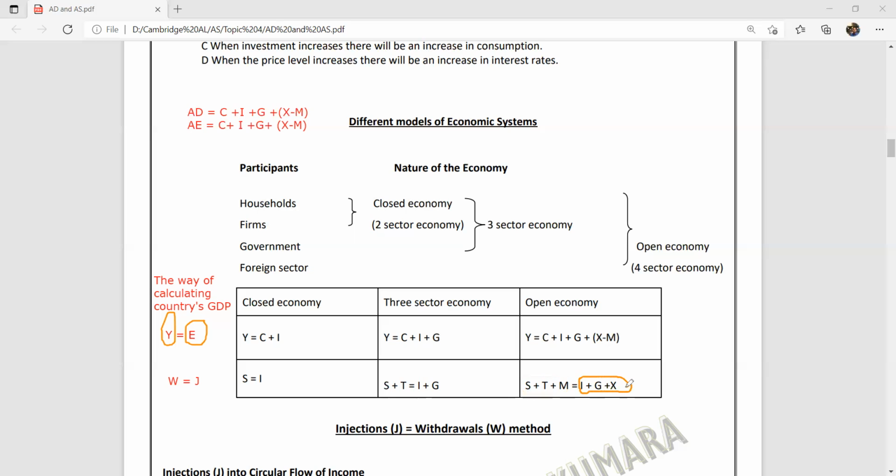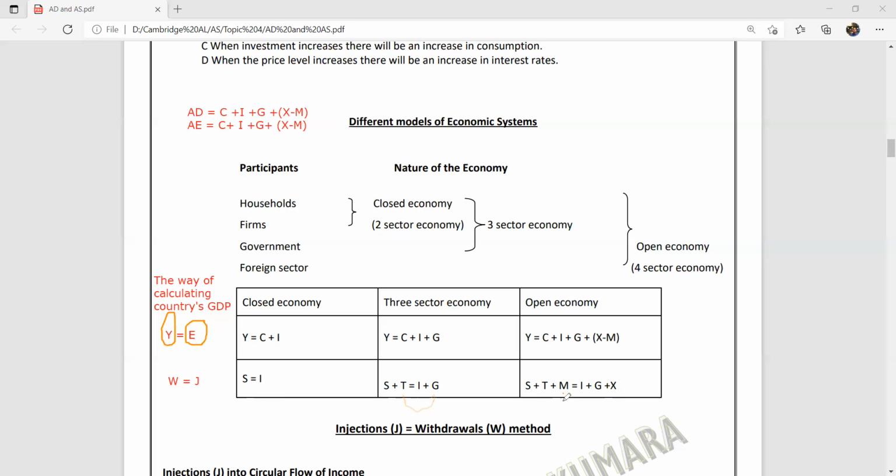And there is a direct relationship between each and every component. For example, saving and investment. Saved money can only be invested, therefore equal. Even tax revenue, when the government is spending, taxed revenue can only be spent by the government, not more than that.